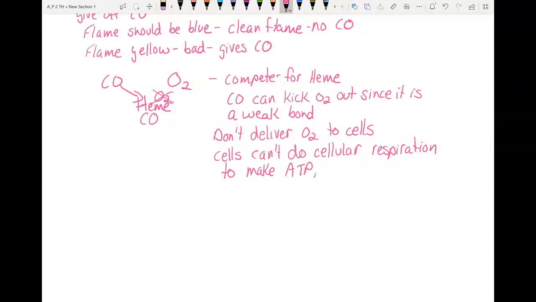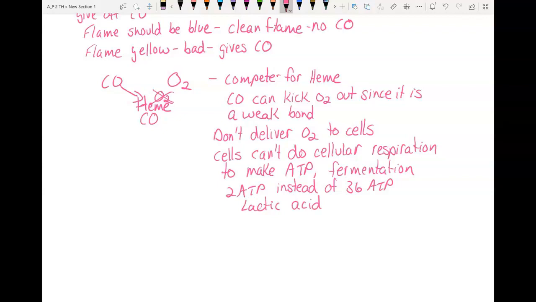They'll have to switch to fermentation. And remember, when you switch to fermentation, you only get 2 ATP instead of 36, like you get when you do have oxygen. And you get lactic acid building up.